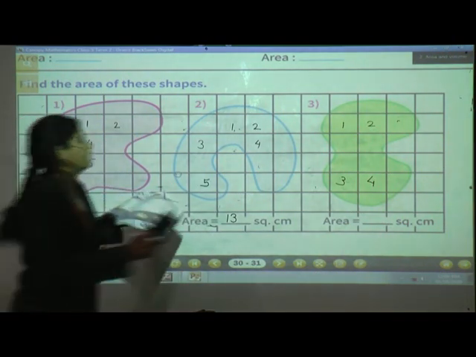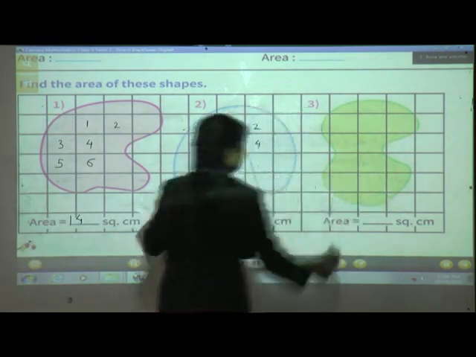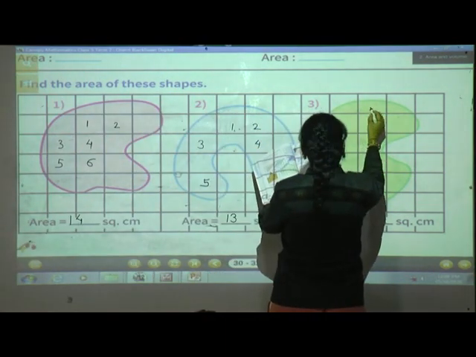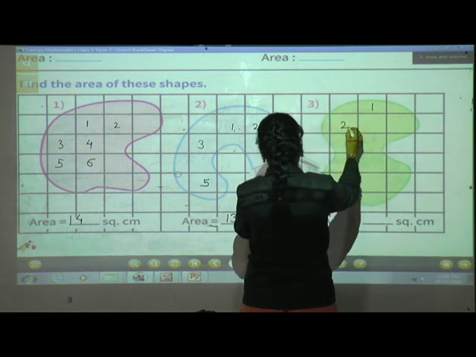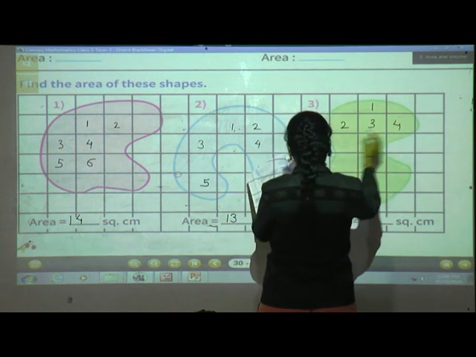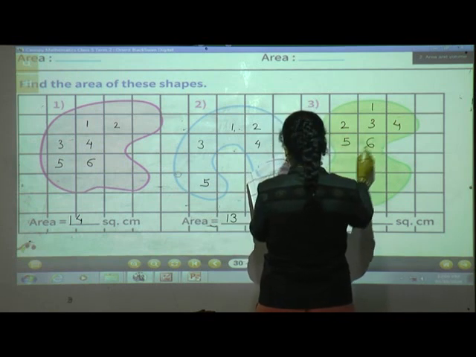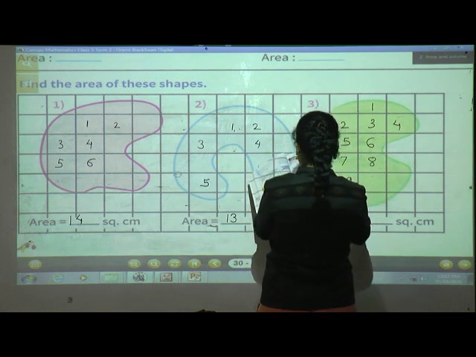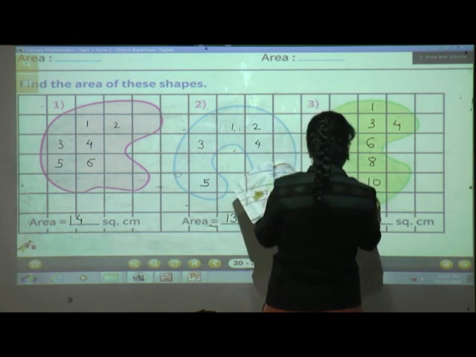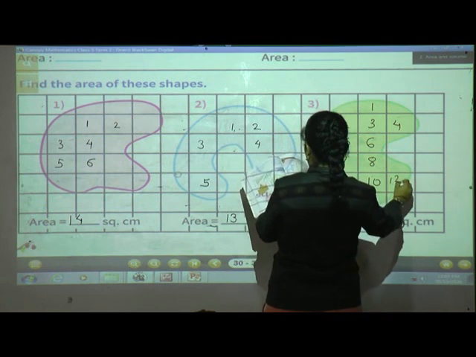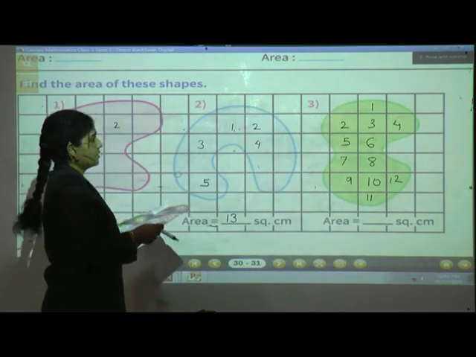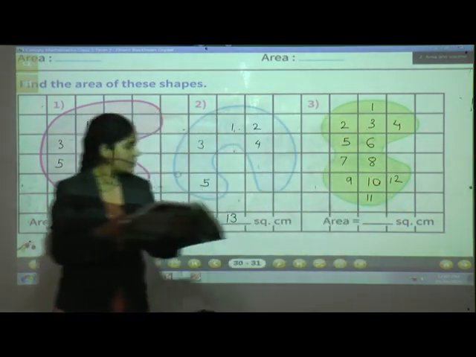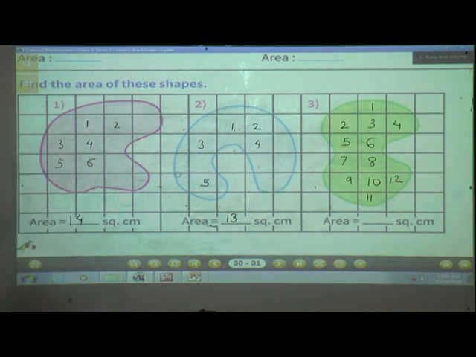We'll count it again. Wait. Here is 1, again 2, 3, 4, 5, 6, 7, 8, 9, 10, 11 and 12. So students, the figure is different in textbook and different on this board, so that's why I get confused. So the answer is 12 square centimeter.